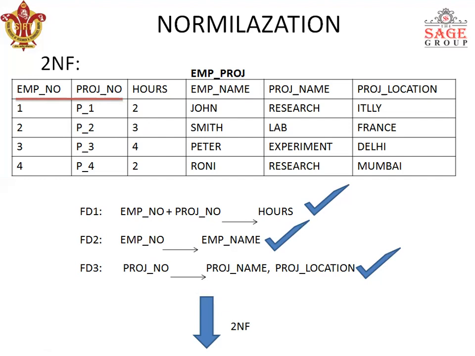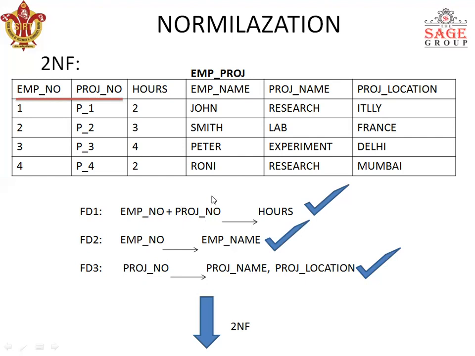Now we have to check whether these functional dependencies are correct, and whether this table is in second normal form. Second normal form says that all attributes must be fully functionally dependent. If there is a single key, we do not need to check second normal form, because we cannot decompose that primary key. But here there is a combination of 2 keys.